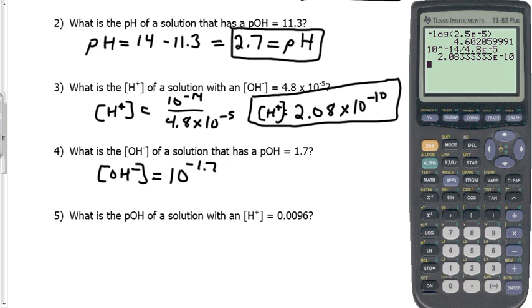So again, we plug this in our calculators, and it actually comes out pretty nasty. We don't want to keep the answer like this. So we go ahead and put in 10 raised to the negative 1.7. Okay, and we get 0.0200, because the 5 rounds up to 9, which rounds up to 9 and then the 1.